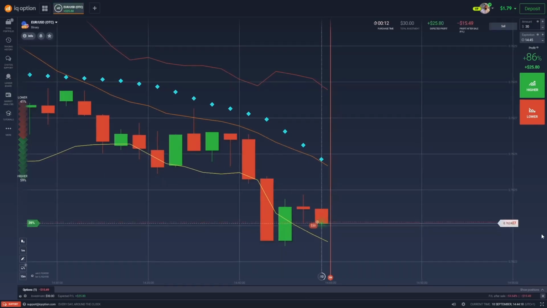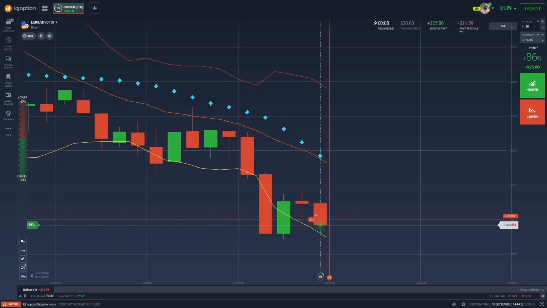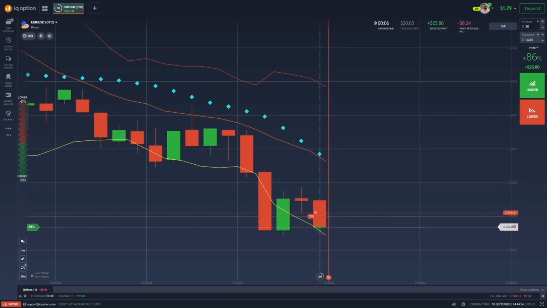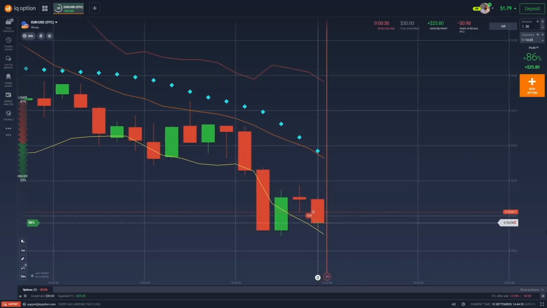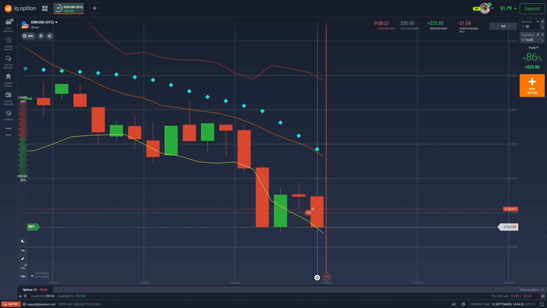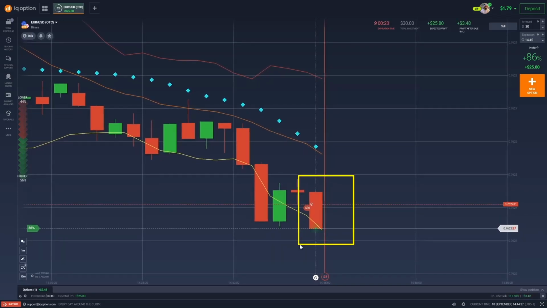But be careful, don't make a lot of money with IQ Option. Make enough money that you think is enough, because IQ Option support is so bad. I don't advise you to trade on IQ Option, because they will give you the hardest time ever.